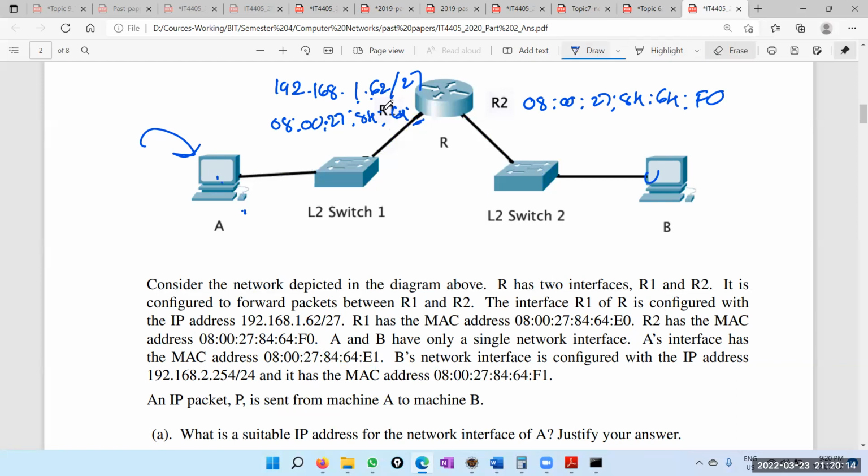Now let's look at what the IP address is. This one is 192.168.1.62 and /27. This /27 is needed to identify the border. 27 means 8, 8, 8, that is 24, and another 3 bits.